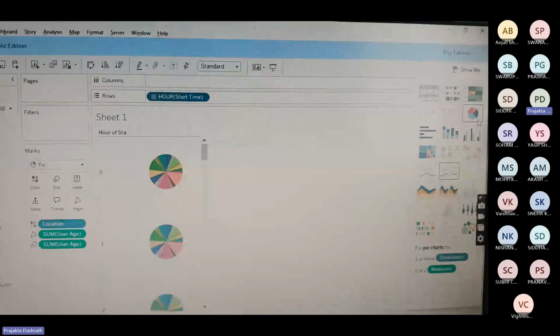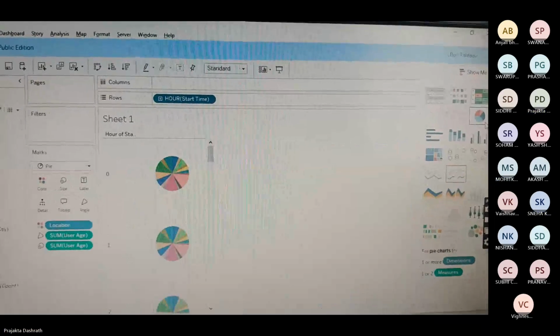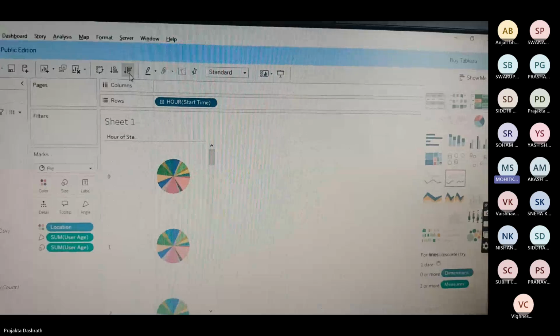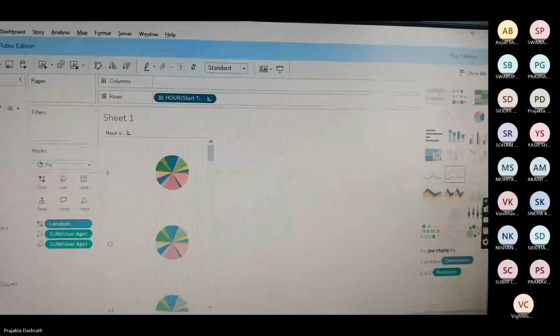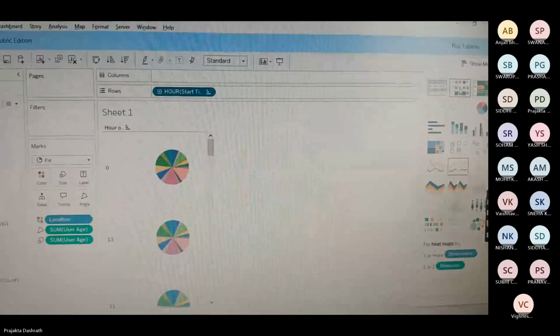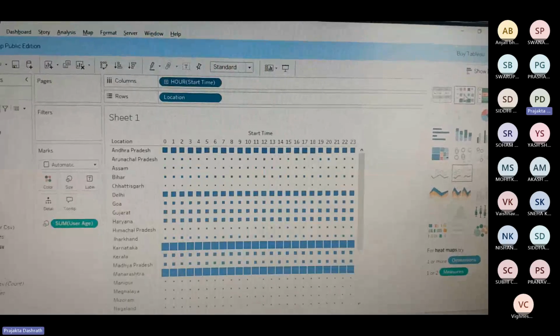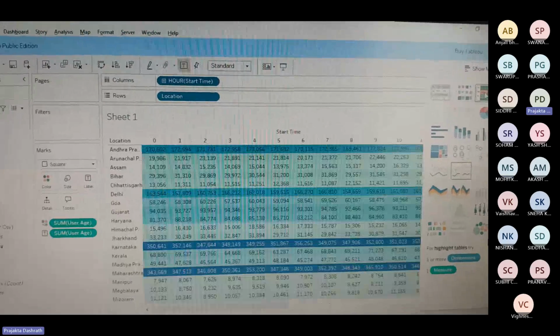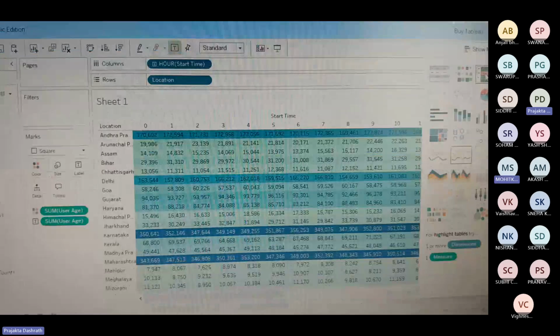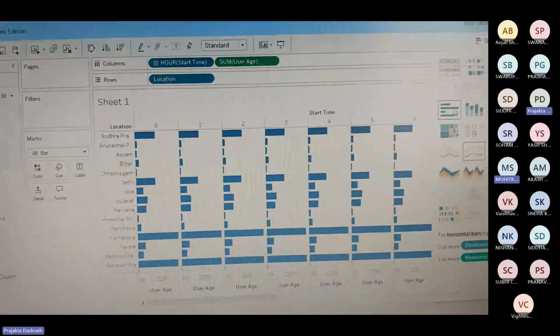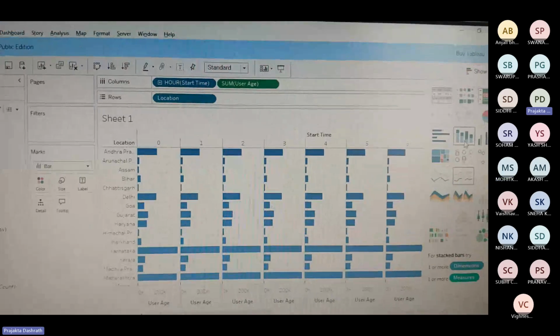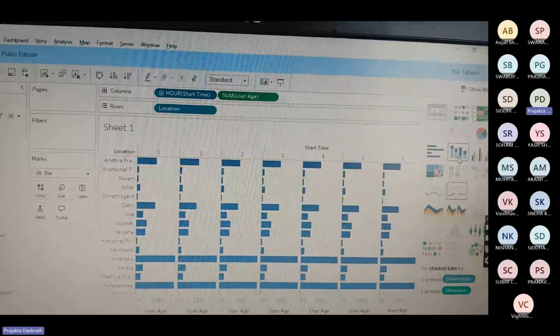Pie chart. Okay. First one was heat map. Another was highlight tables. Next was, which one was? Horizontal bars. Bar. 3. Now 2 are remaining.